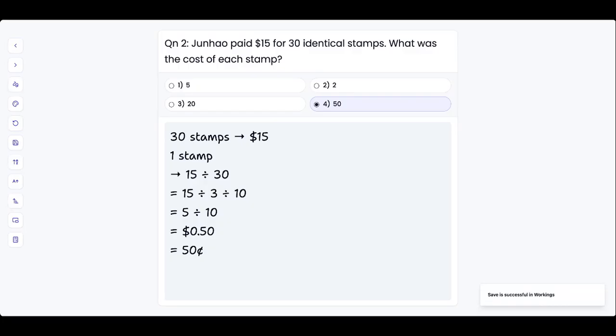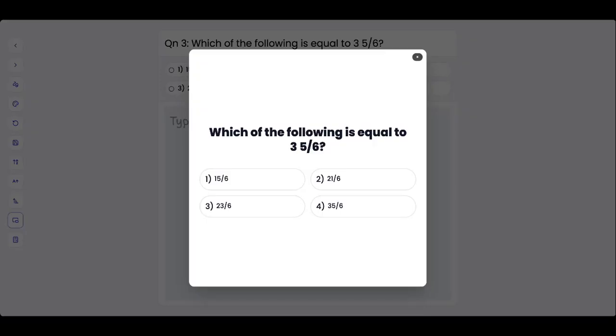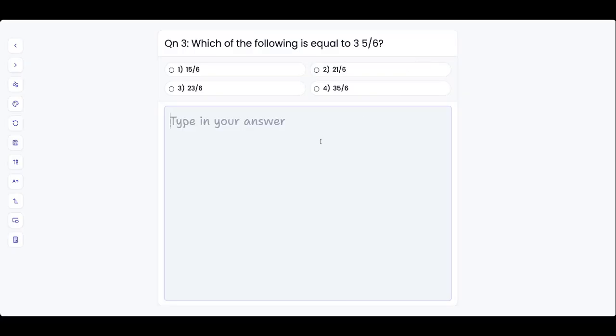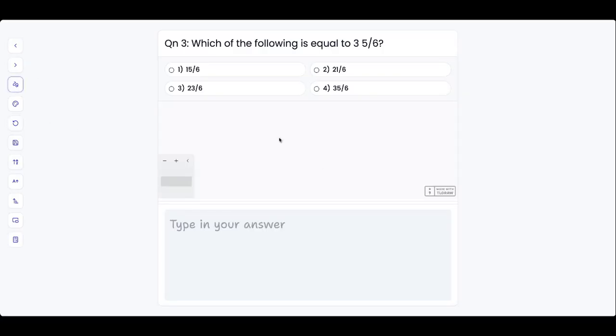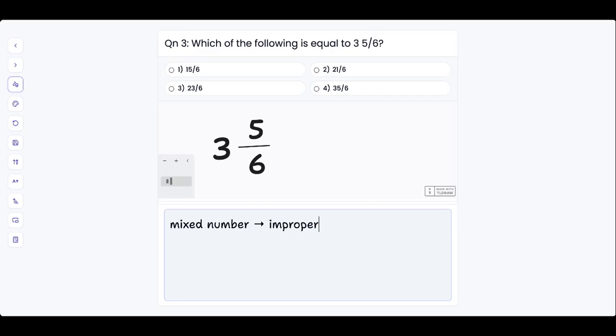Question number 3. Which of the following is equal to 3 5 over 6? Okay, with this, let's draw a simple fraction. So for this question, it's basically converting a mixed number to an improper fraction.